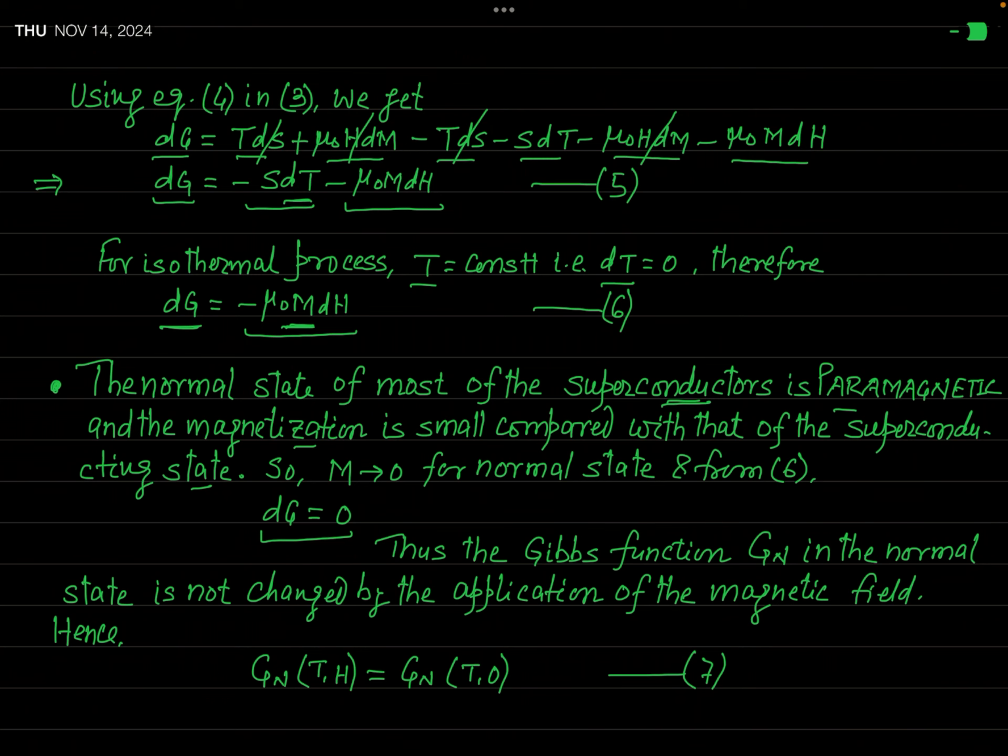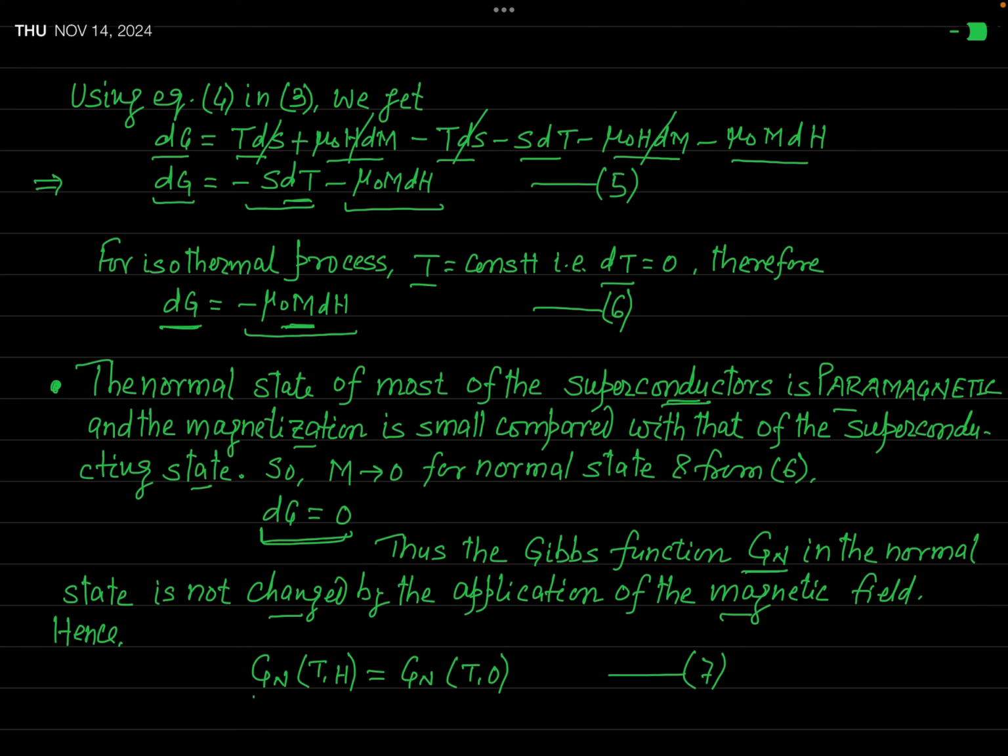So you can say that the Gibbs function Gn, where the n subscript stands for normal state, is the Gibbs potential for normal state. So the Gibbs potential or function Gn in the normal state is not changed. Its change is 0 by the application of the magnetic field. And as it does not change with magnetic field, its value of G for the normal state of the material will be the same at any magnetic field.